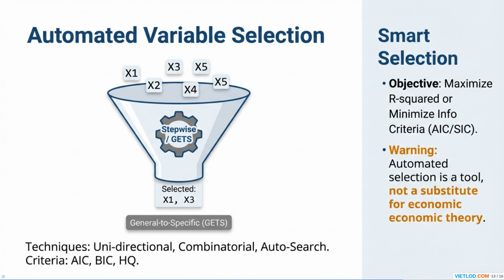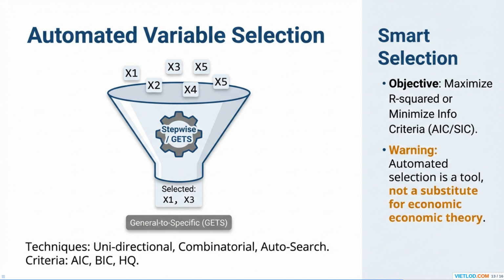These criteria are designed to strike a balance between a model's explanatory power and its complexity, penalizing the inclusion of too many variables. Various techniques fall under this umbrella, including unidirectional, combinatorial, and auto-search methods like stepwise regression.